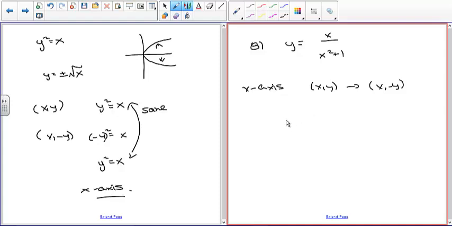For y we put in negative y. For x we put in x. Well, if I multiply by negative 1, I get this. Okay. So this and that are not the same. So that's not going to work.